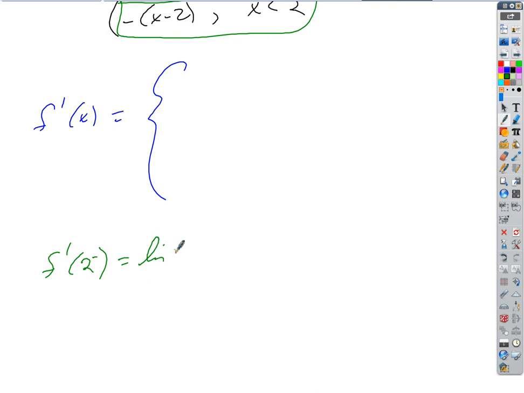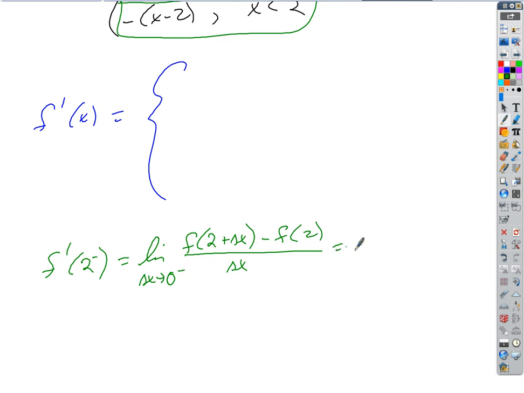That's going to equal the limit of f of x plus delta x, but this time it's actually a 2 plus delta x minus f of 2 over delta x as delta x approaches, if we're going from the left, 0 minus.